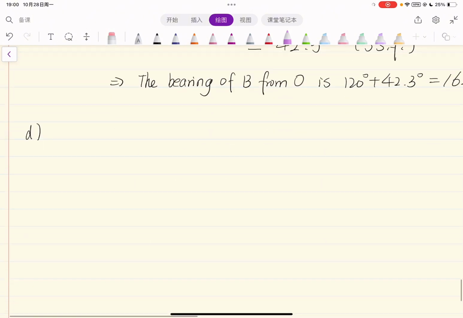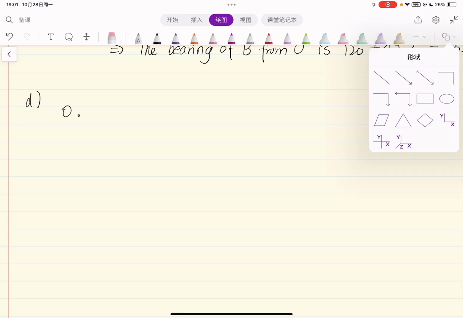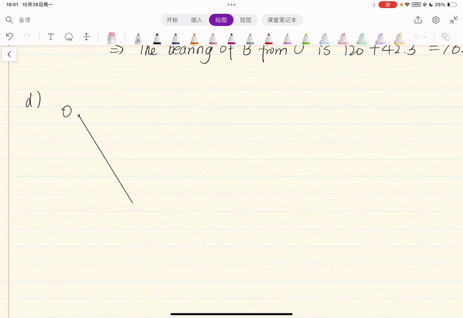So let's move this triangle over here. We have the point O, and B over here.